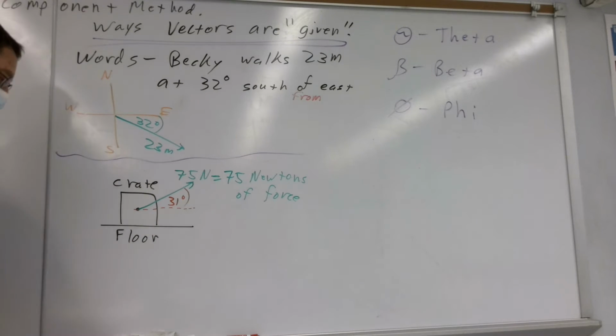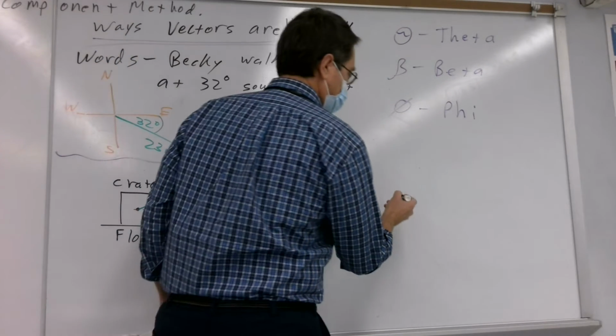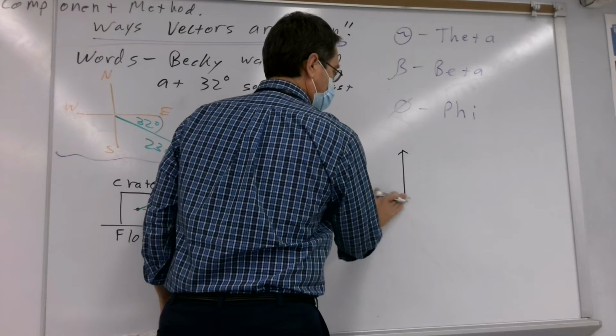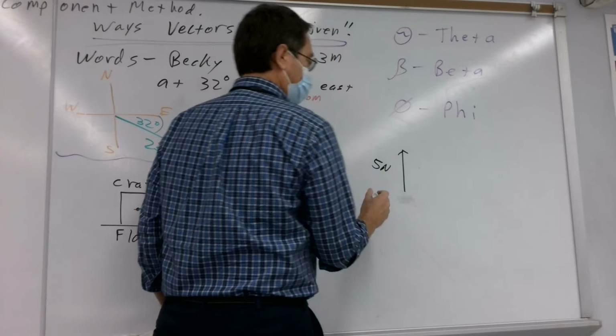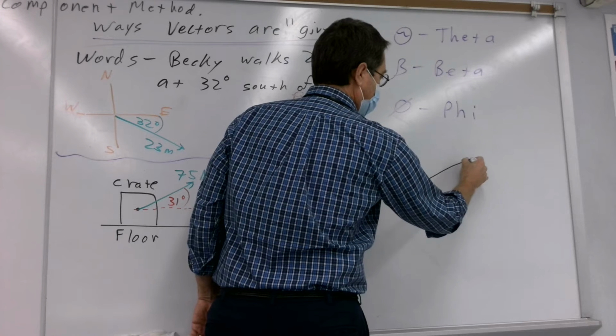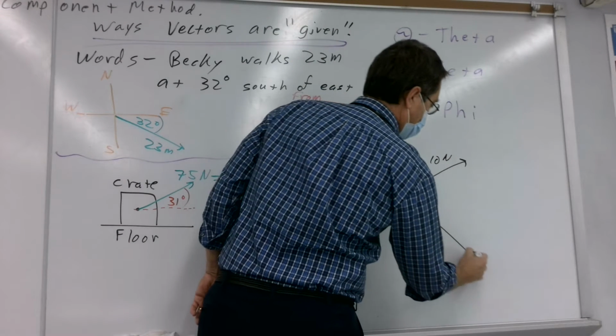Okay. So now let's say, and this is where we're going to pick up the vectors that we're going to start actually calculating on. Let's say that this is another way that vectors can be presented to you. So let's say that we have an elephant, and it's stuck in the mud, and they're pulling on it with 3 ropes.